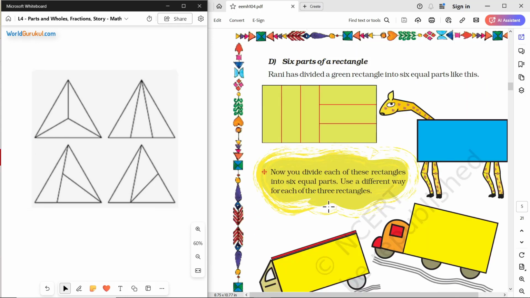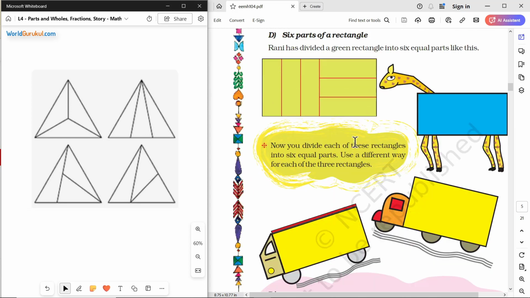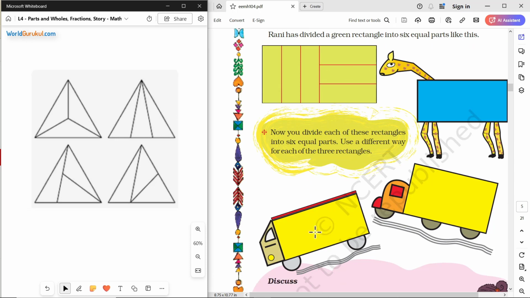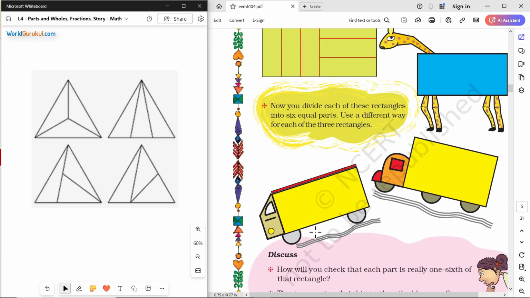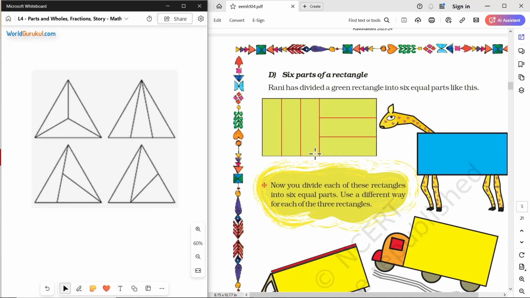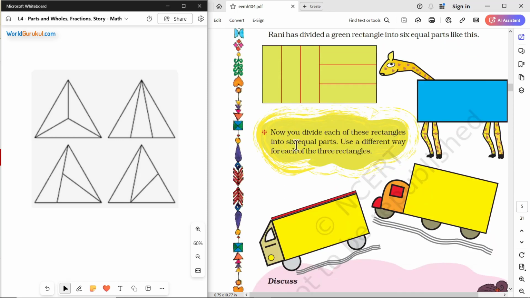Here, 6 parts of a rectangle. This rectangle is divided into 6 equal parts. Okay, we have vans here, trucks, and this is one way that is shown here. There are different ways to cut this. So now this yellow surface on the truck or the van is rectangular.